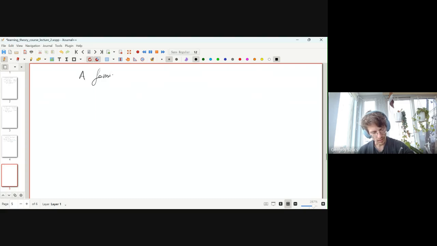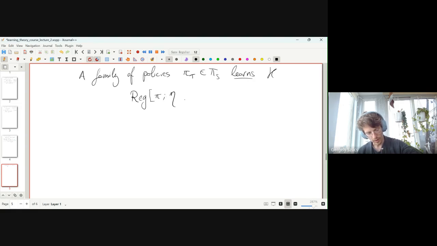A family of policies pi sub t. Here we allow the policy to depend on the time horizon. This family is said to learn a hypothesis class, with the same definition, if the regret of pi with respect to eta goes to 0 as t goes to infinity for all eta in h.